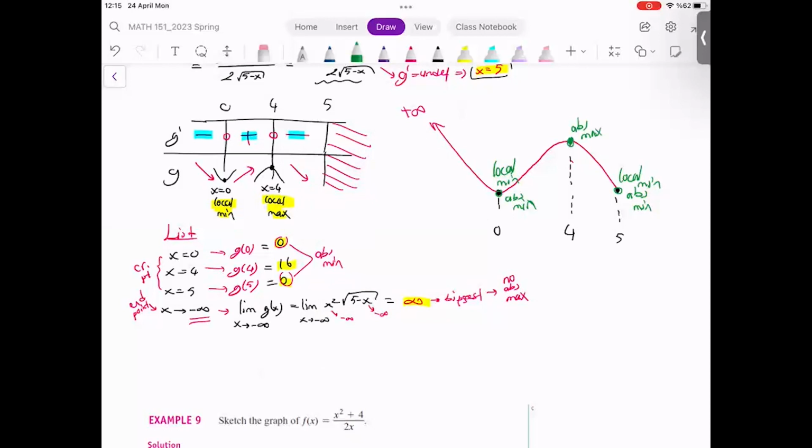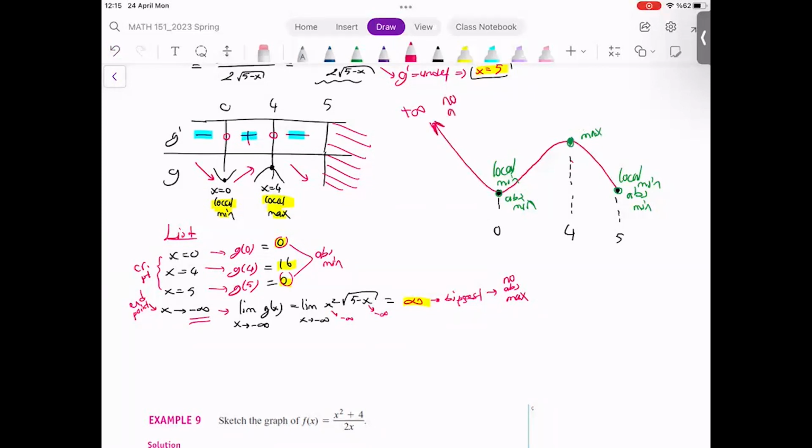So I think this picture visualizes what happens here. Every absolute max and absolute min is at the same time a local max and local min. By the way, yes, you're right, I cannot call it absolute because it grows to infinity.